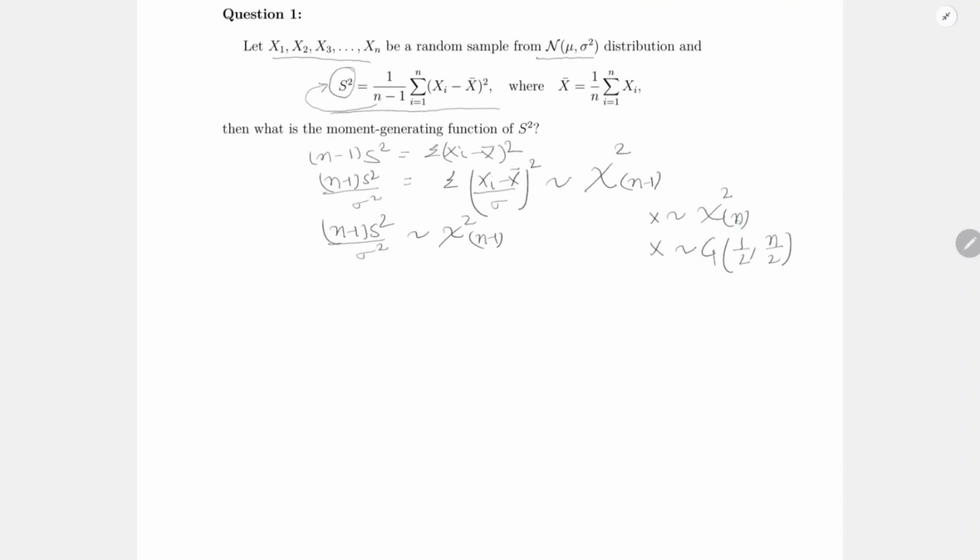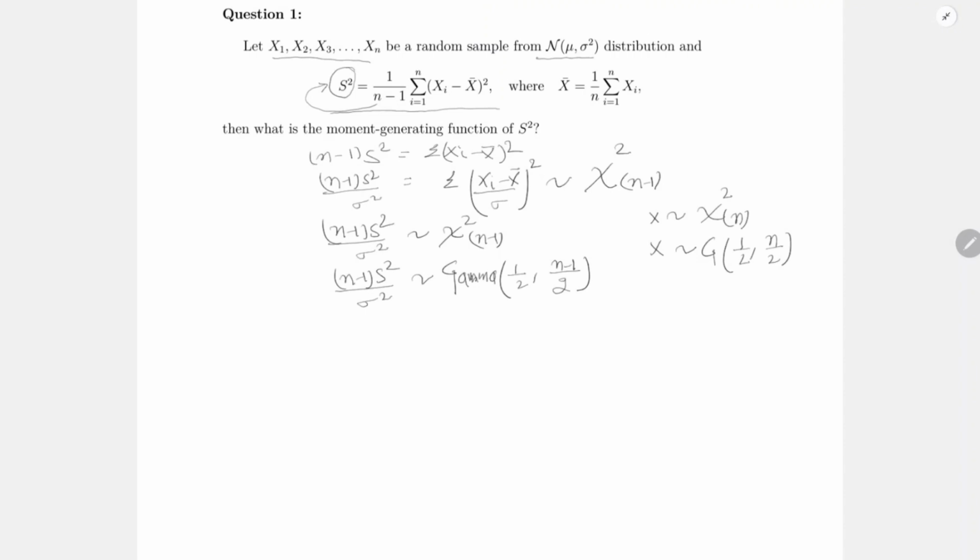So the degrees of freedom will be divided by 2 and the rate parameter will be 1 upon 2. Similarly, we can say that (n minus 1) s square divided by sigma square will follow gamma distribution with rate parameter 1 upon 2 and scale parameter (n minus 1) by 2.